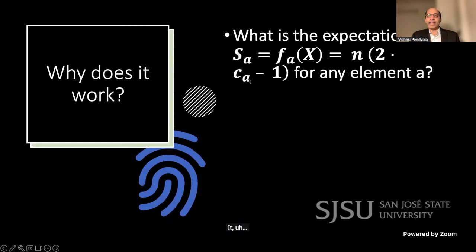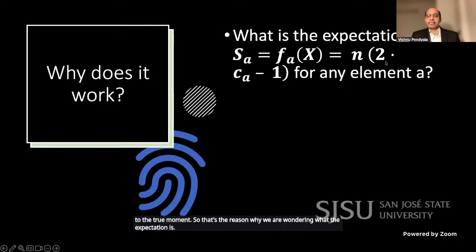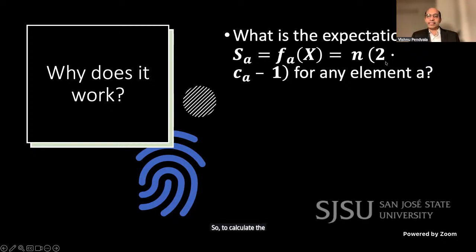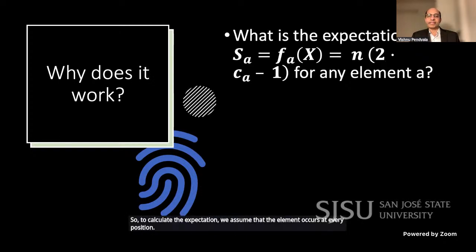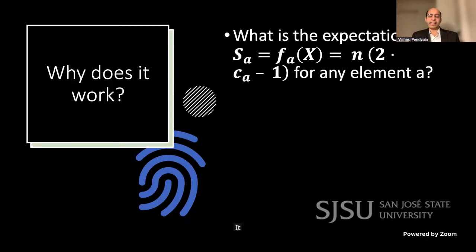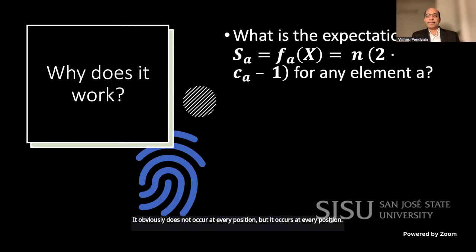the expectation matches the contribution of this element Ca to the true moment. That's the reason why we are wondering what the expectation is. To calculate the expectation, we assume that the element occurs at every position. It obviously does not occur at every position, but it occurs at every position with a chance.